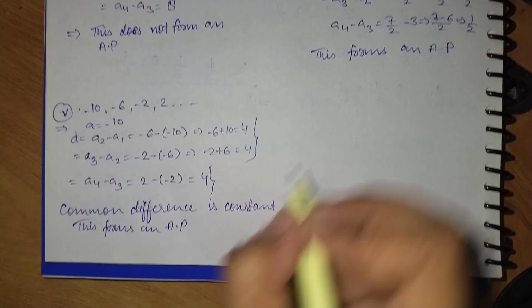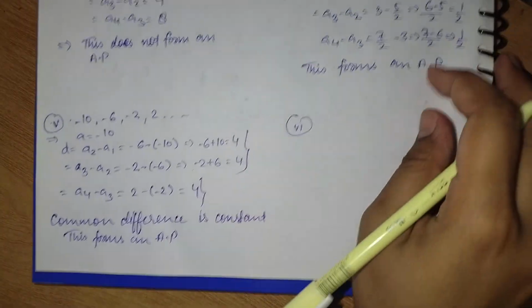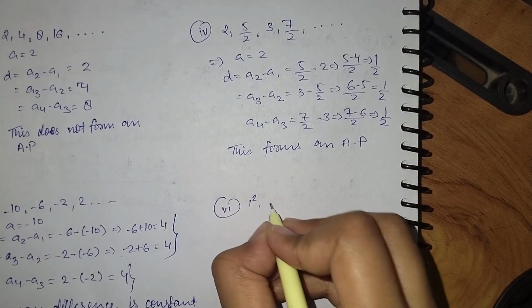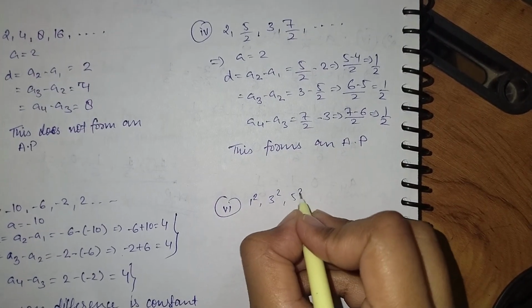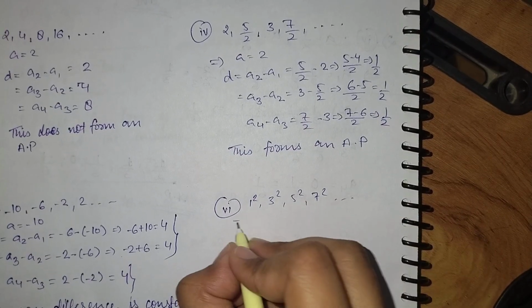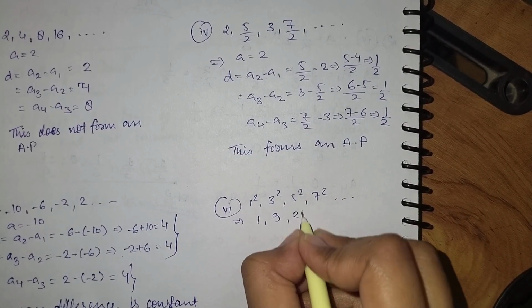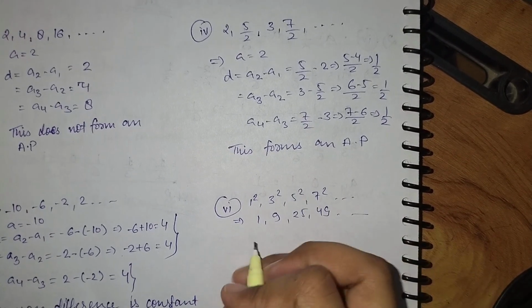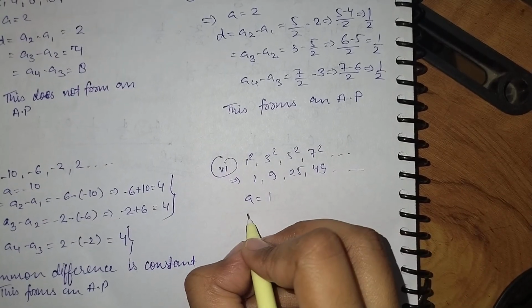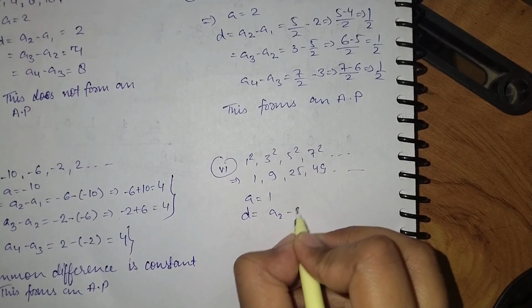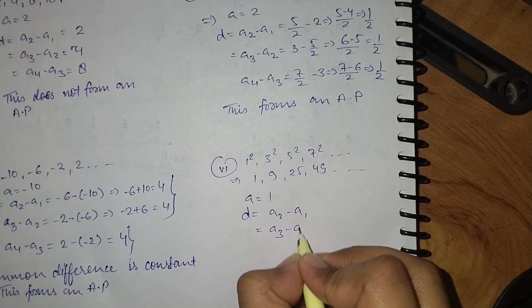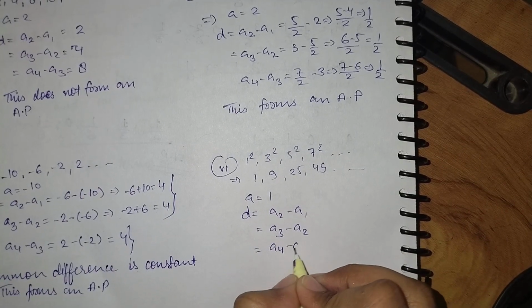Now the sixth part if we solve, that is 1 square, 3 square, 5 square and 7 square. So that is 1, 9, 25, 49. If we write the first term, that is 1 and common difference will be A2 minus A1, A3 minus A2 and A4 minus A3.